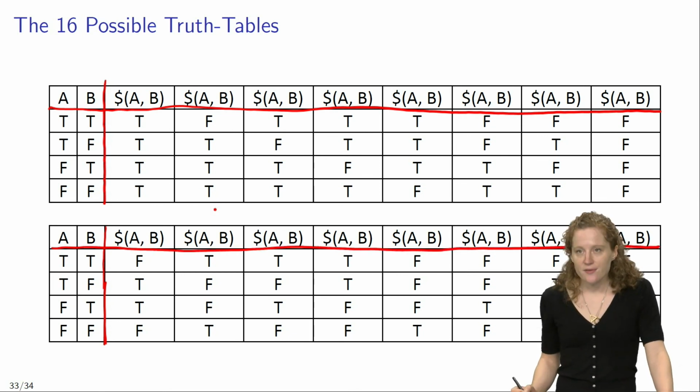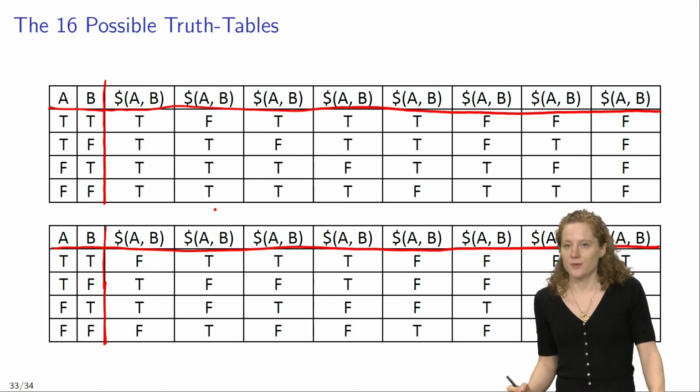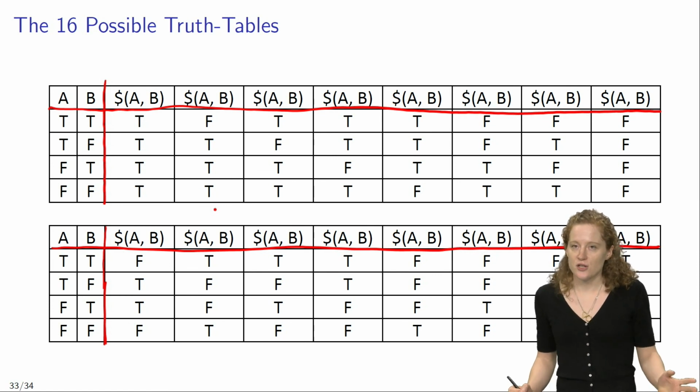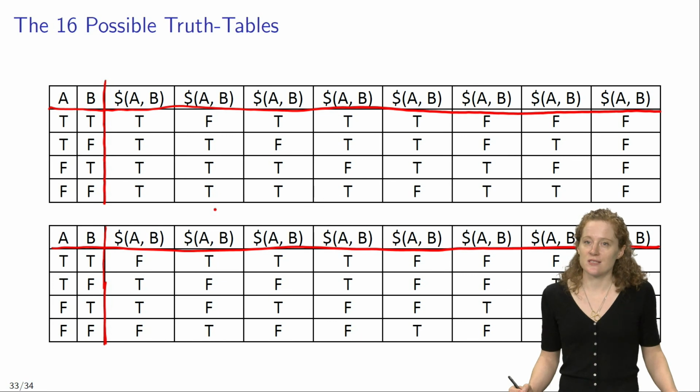And just going through all the different logical possibilities shows us that there are 16 possible truth tables for such a two-place connective.